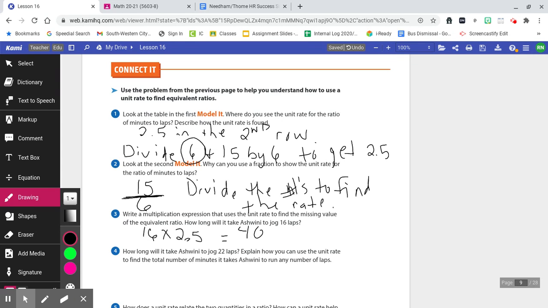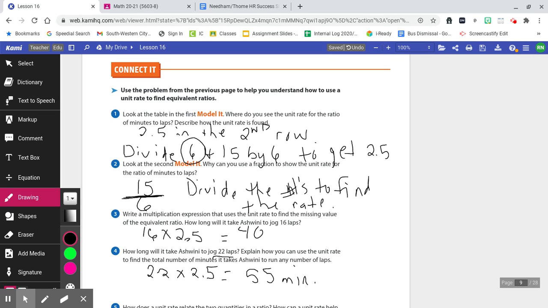Number 4, how long will it take her to do 22 laps? Now, I already know the unit rate is 1 for 2.5. So 22 laps, I'm going to do 22 times 2.5. Try it out, and you should have gotten 55 minutes.